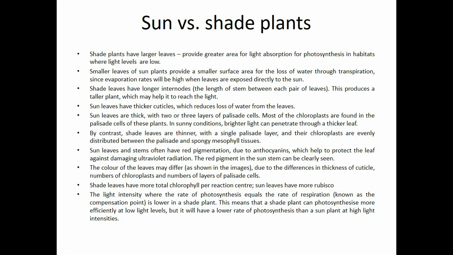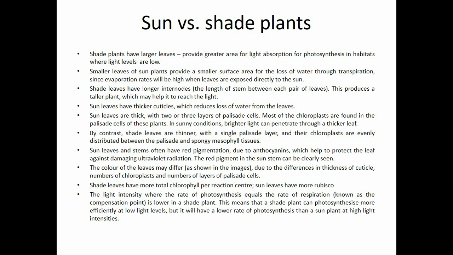This means that in shade plants, they photosynthesize less. As a result, the plants do not use their energy as much because they have to conserve it. They have to conserve it for what they deem to be important.